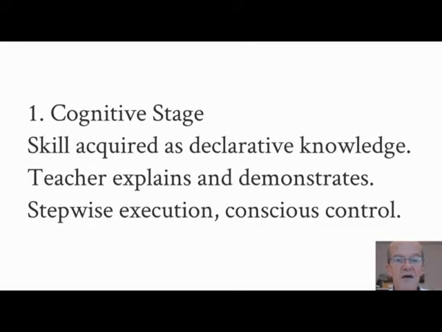Let me try to describe these three stages. Imagine that you have to learn to play a piece of music on the piano. You have this music in front of you, a sheet, a score, and you see the notes depicted on the sheet. Now you just read the sheet and you play the notes one by one on the keyboard.